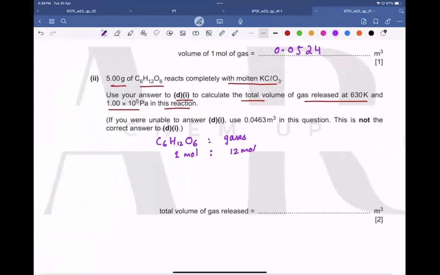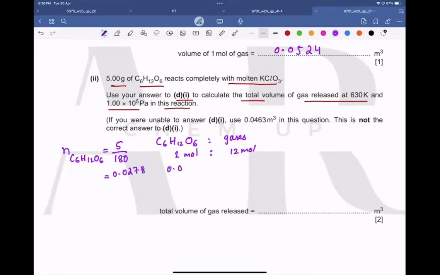And here it's 5 gram. So from 5 gram, we can easily convert it into moles. 5 gram of glucose means 5 divided by 180, because 180 is the Mr of glucose. Can anyone calculate the answer? Can anyone tell me the moles? Okay, it's 0.0278.